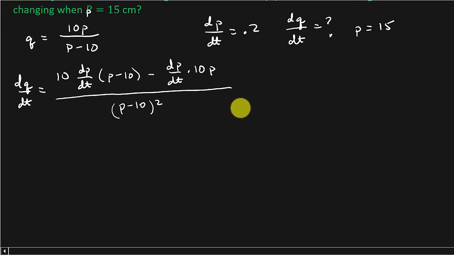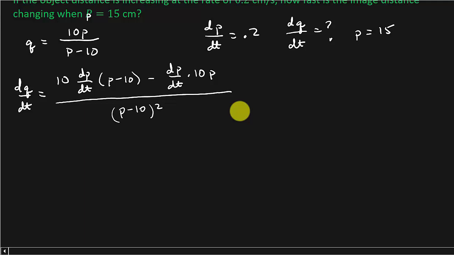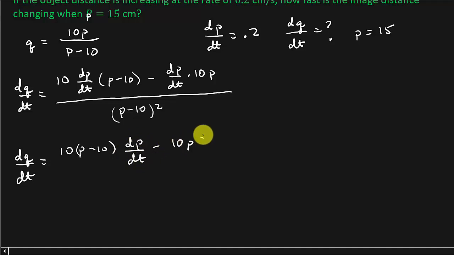All right, so let's go ahead and maybe clean this up a little bit. dQ/dt is equal to, let's just leave it as 10 times (p minus 10) times dp/dt, minus 10p dp/dt, over (p minus 10) squared.